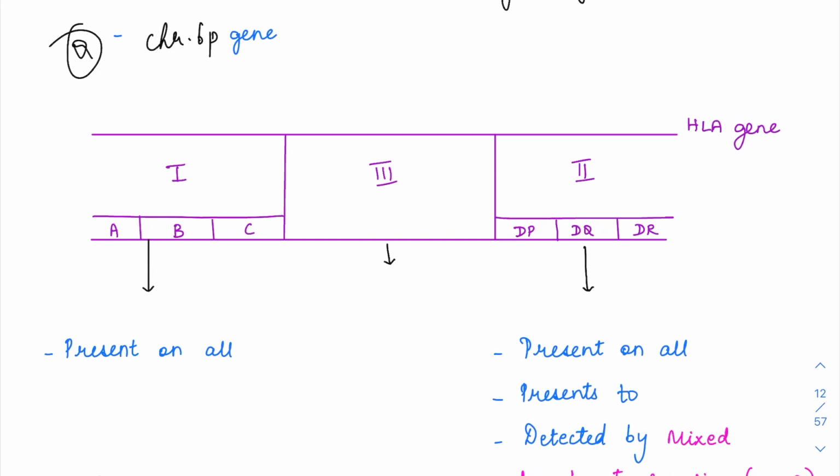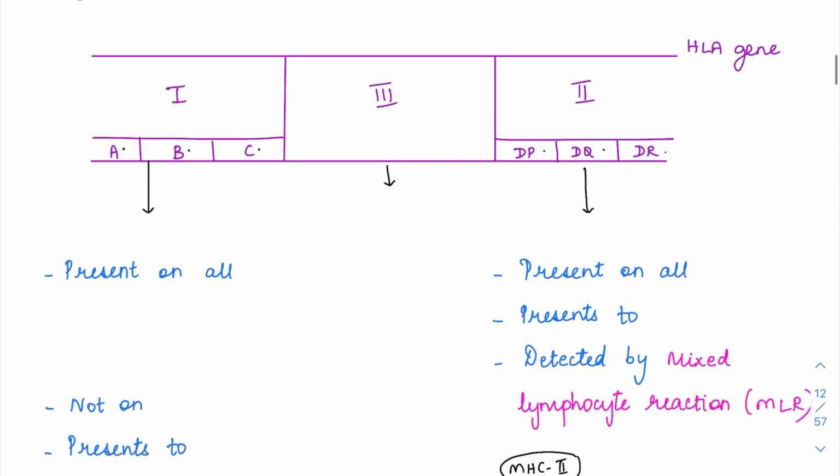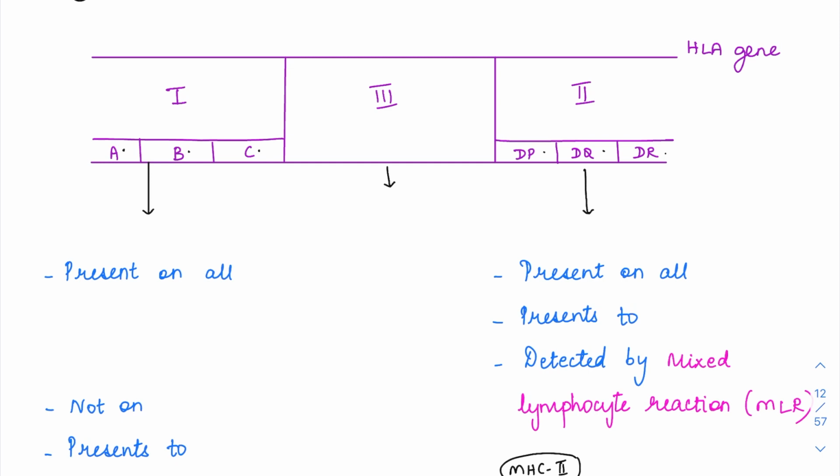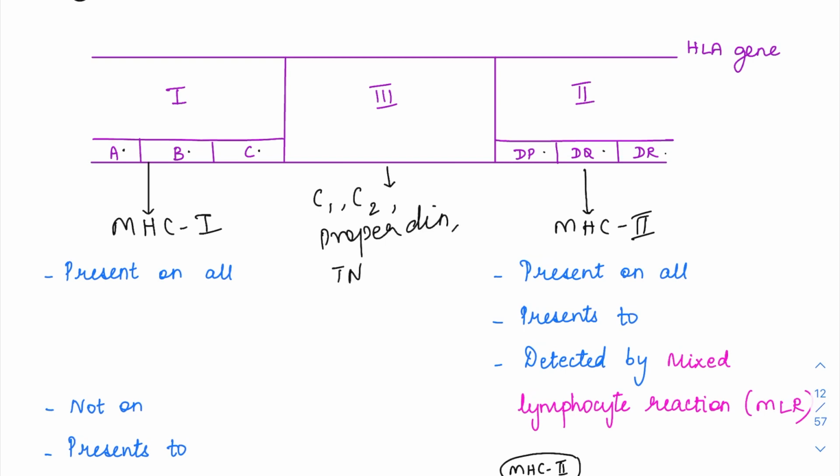In this HLA gene, we have three parts, which are 1, 2, and 3. Under the first part, we have subunits called A, B, and C. And under the second part, we have DP, DQ, and DR. The subunits of HLA1 produce MHC1, while MHC2 is produced by the HLA2 genes DP, DQ, and DR. And HLA part 3 produces C1, C2, properdin, TNF alpha, and heat shock proteins.